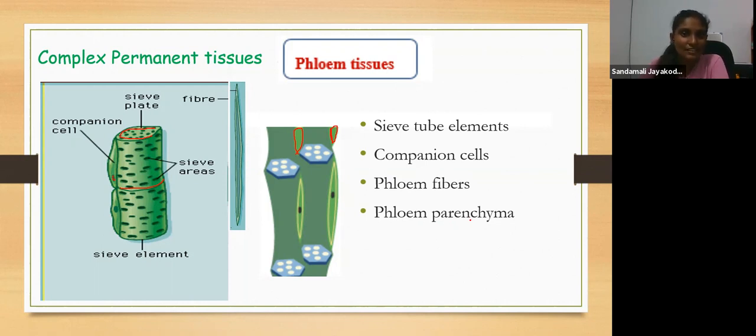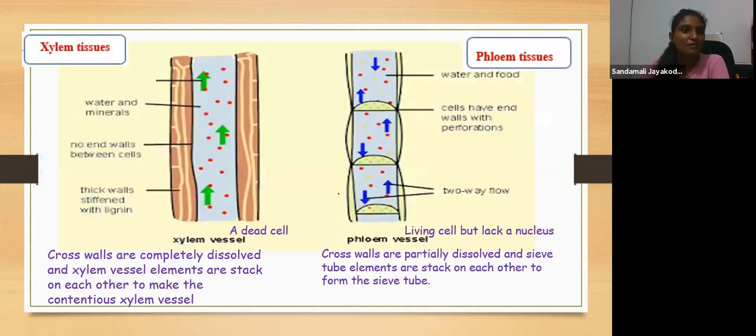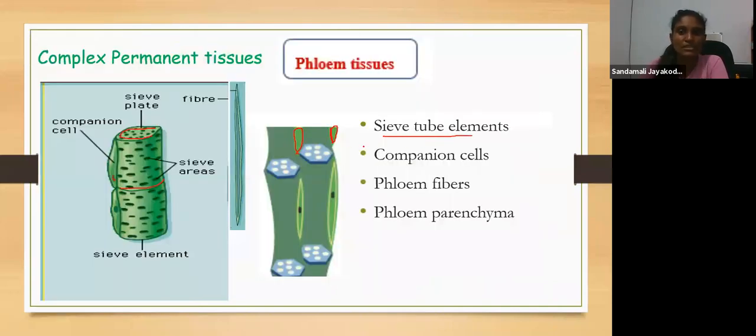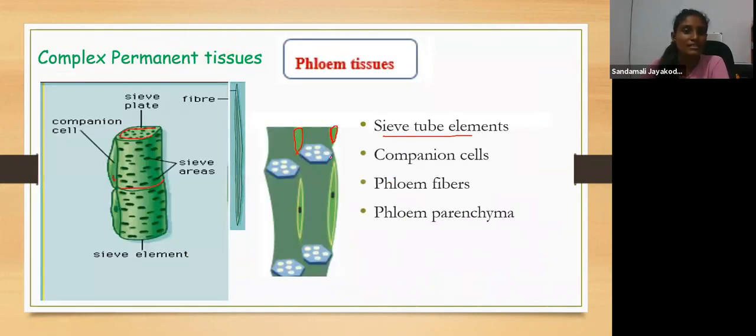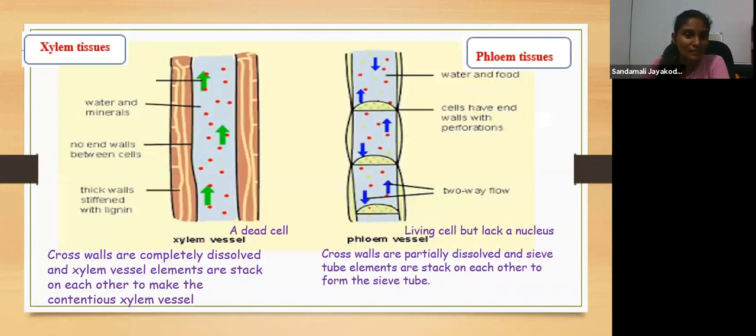So now we are moving on to discuss the differences between xylem tissue and phloem tissue. The main difference we have to discuss is between the sieve tube element and the xylem vessel element. Xylem tissue contains the xylem vessel element, which is a dead cell.